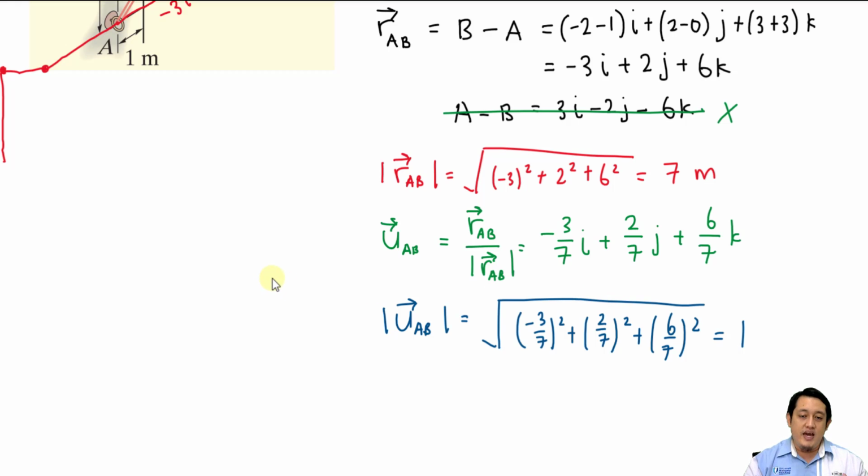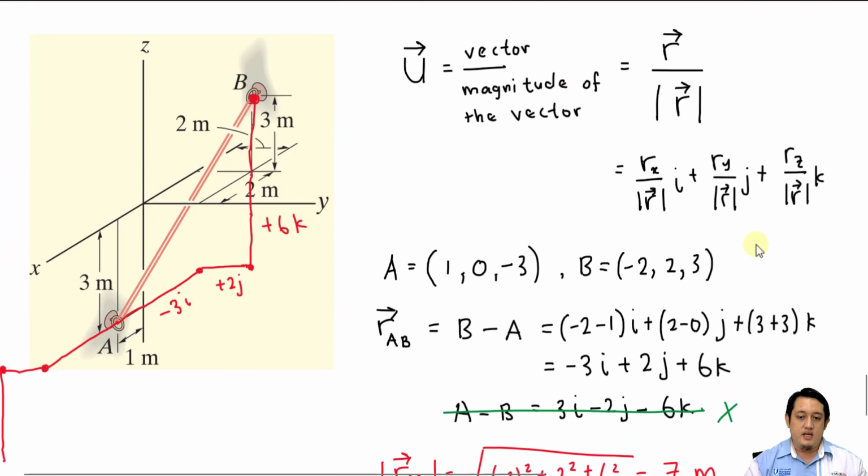Okay, I still have another thing about this unit vector. If you look closely at this unit vector, it is Rx over magnitude, Ry over magnitude, Rz over magnitude.